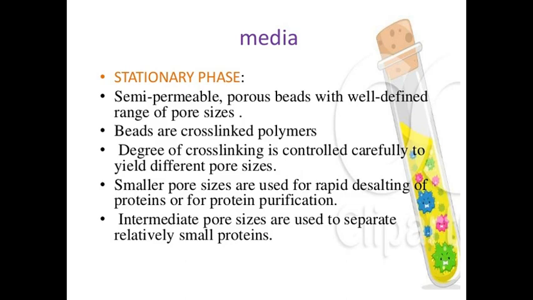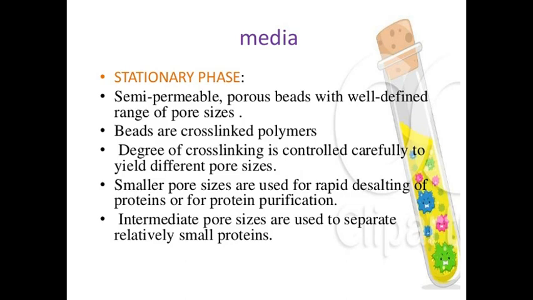If a high concentration of gelling agent is used to prepare the gel beads, the porosity will decrease, and if a lower concentration of gelling agent is used, the pore size will increase.